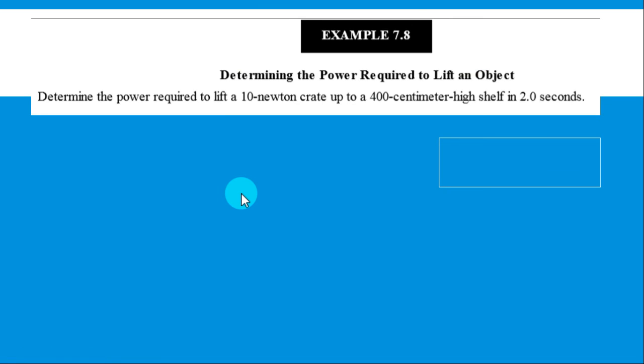Let's together solve an example about power to see how we use the formulas in solving problems related to power. Determine the power required to lift a 10 Newton crate up to a 400 centimeter high shelf in 2 seconds. So here's the question.